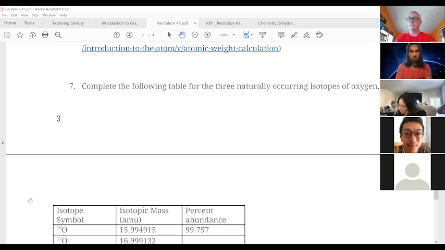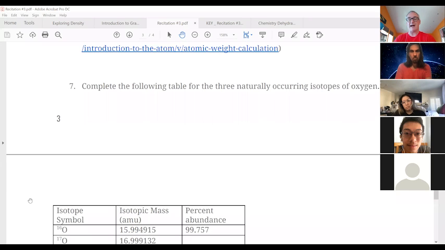Have you worked on how to calculate average atomic mass? Have you dealt with that in the lecture portion of the class yet?